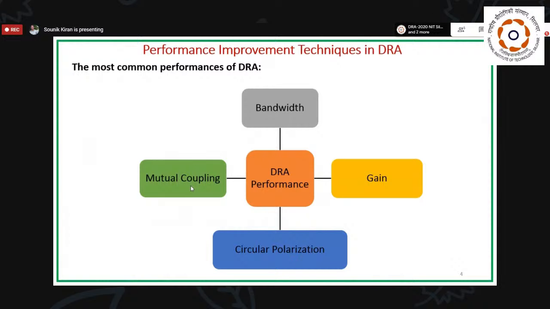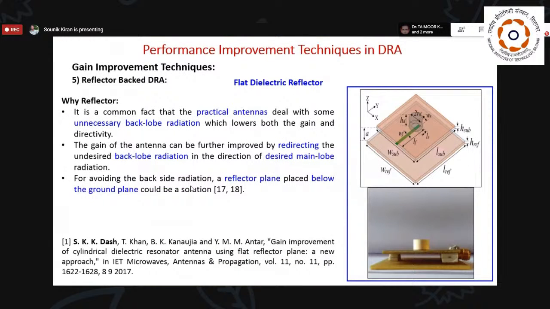Today we'll be focusing on different techniques that can be used for gain improvement. Some techniques like the superstrate technique we already discussed, and today we'll focus on one popular technique known as the reflector-backed DRA. First of all, we should have an idea about what exactly a reflector is.